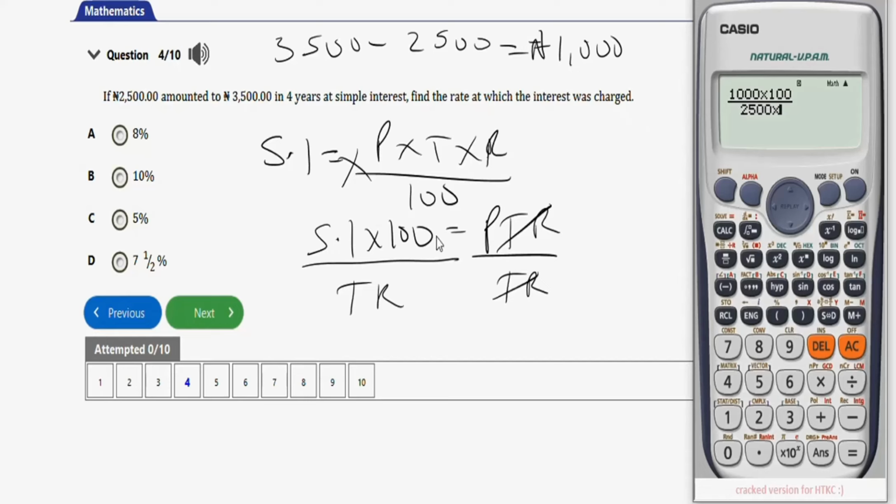Making the rate the subject gives simple interest times 100 over P times T. The time here is 4 years. The rate is equal to 10%. The right option is option B. That's it for this question.